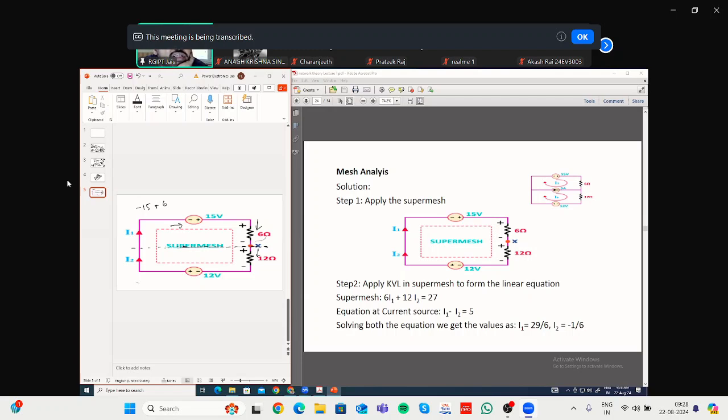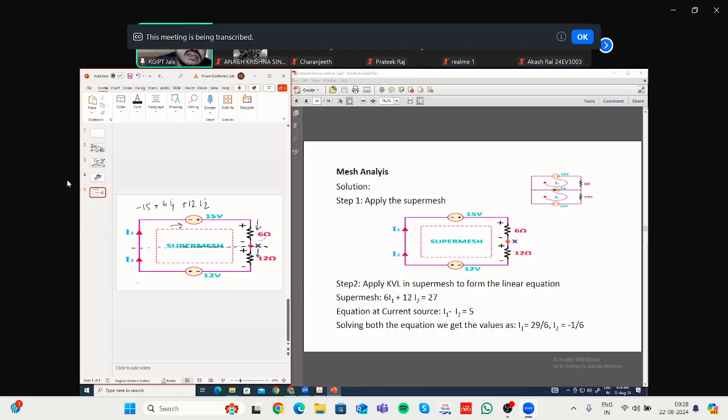Voltage V is equal to IR, so the resistance value times the current value. The current flowing through this is I1. Then in clockwise direction, the next element is the 12 ohm resistance, and you encounter the plus sign first. Plus, and what is the current flowing? I2.